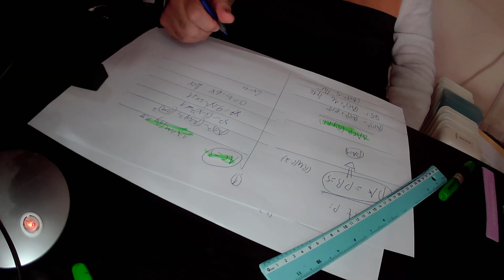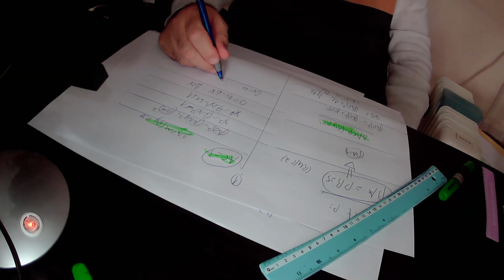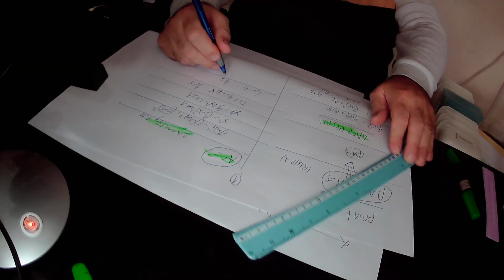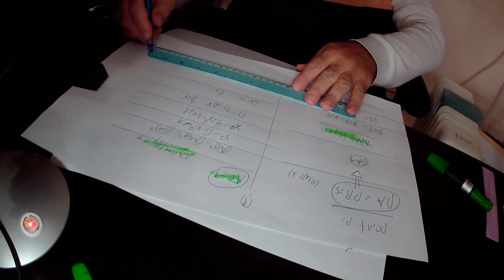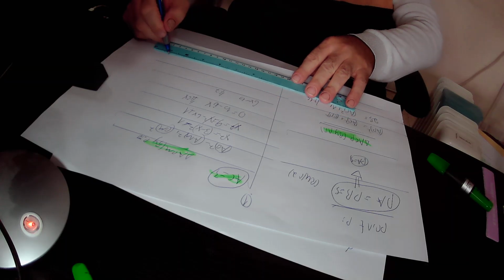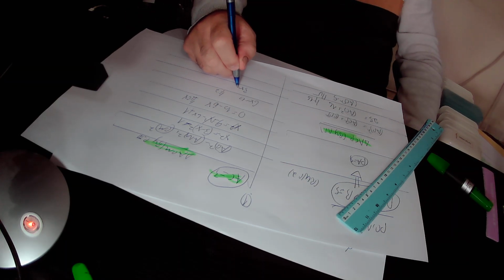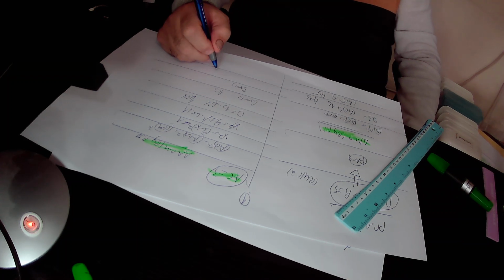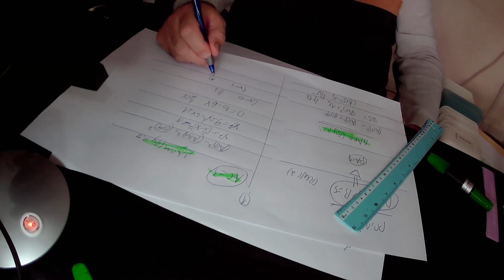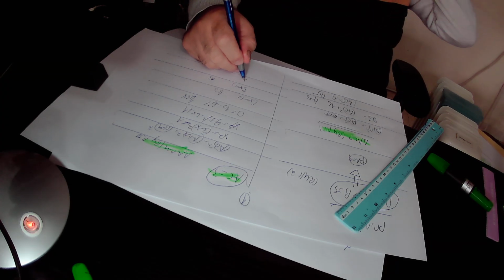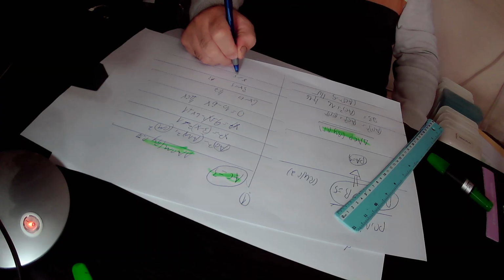Here we divide this equation by 2. So you get that 6X over 2 is 3X equals 10 over 2, that is 5. So 3X equals 5. Here we divide this equation by 3. And finally we get that X equals 5/3.